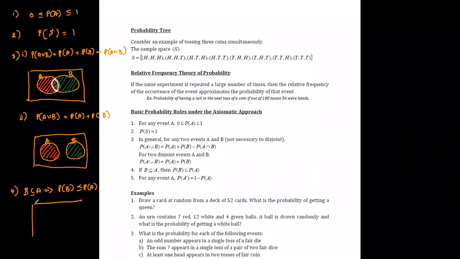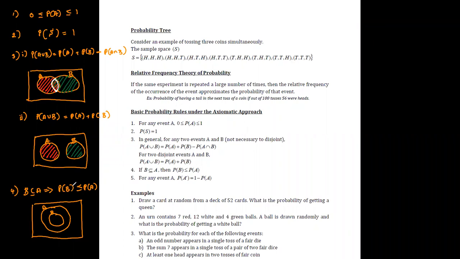Now think that A is the outer one and B is the inner one. Now you can see that there will be fewer elements in set B compared to set A. That's why we are getting the probability of B less than the probability of A. And since it is a subset, sometimes A itself can be a subset of B, and then the equality exists.